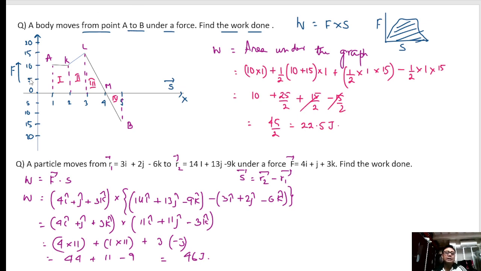So let us see, this is the force and this is the displacement and this is the graph. So work done by a body from A to B is the area under the graph.